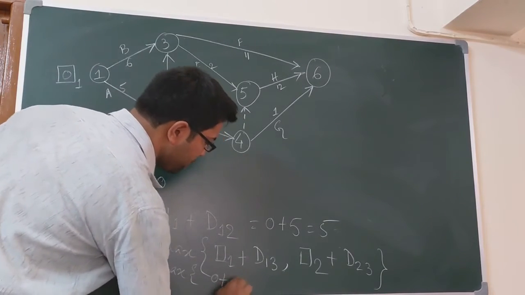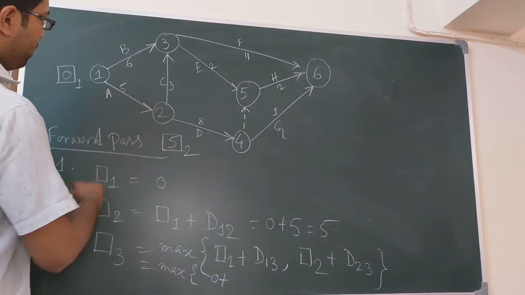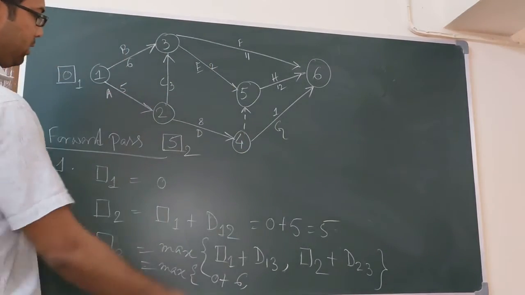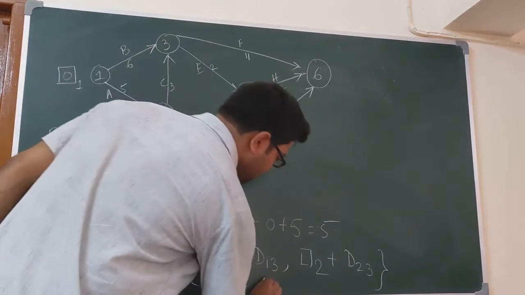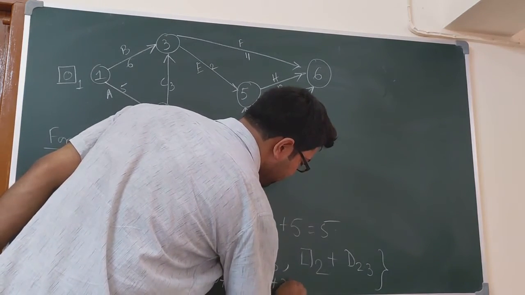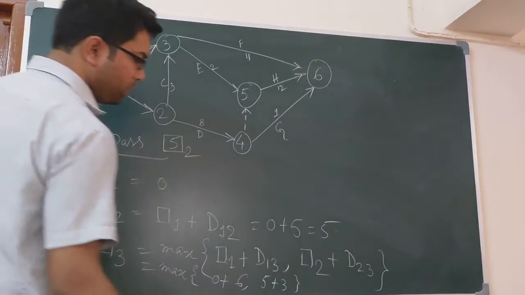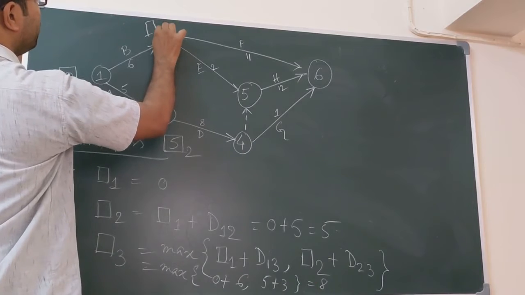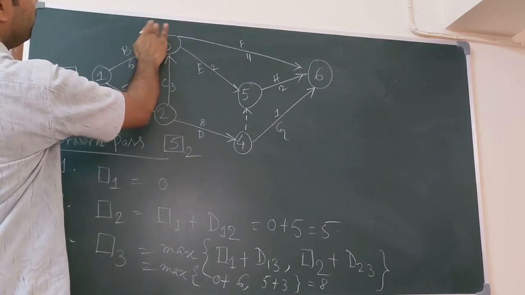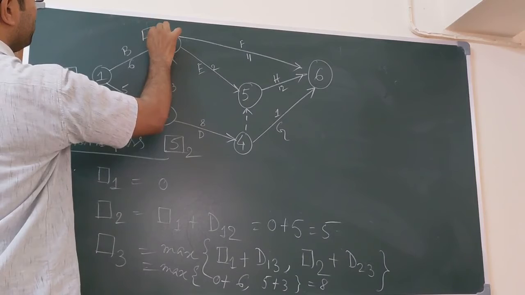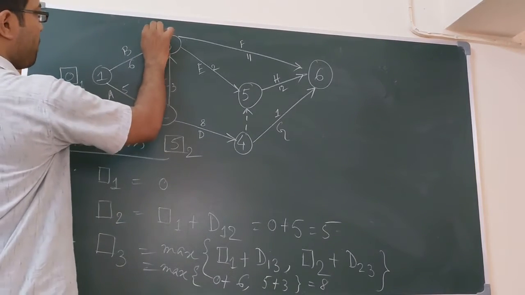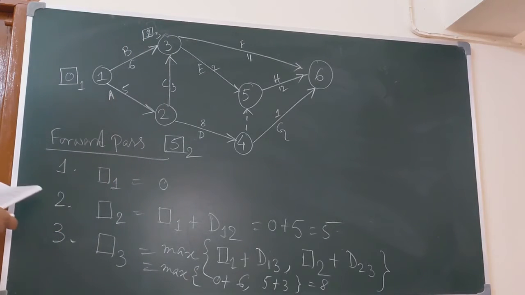So, 0 plus 6, and this is 5 plus 3. 5 plus 3, that is 8. So, maximum is 8. So, box 3 is 8.